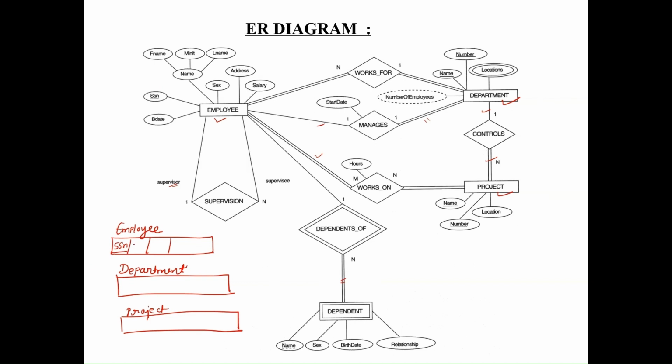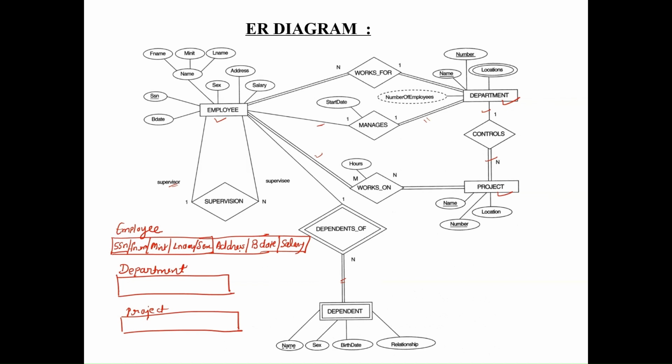Then first name, so write F name. Then middle initial, then last name, then gender, then address. You can change the sequence, no problem. Birth date and salary. So these are all the attributes we have to specify in the first step.